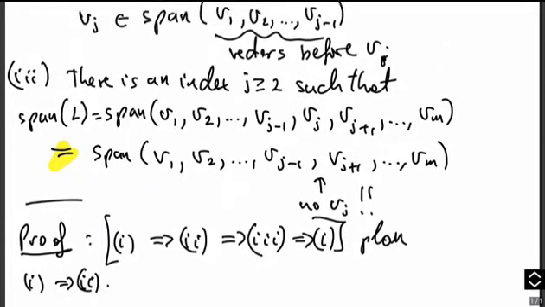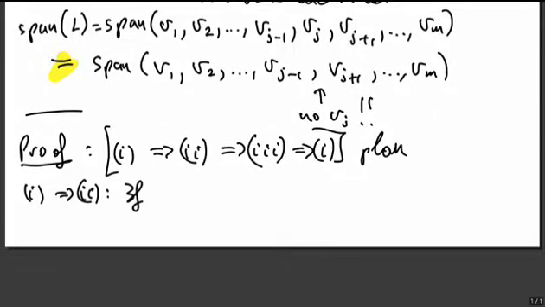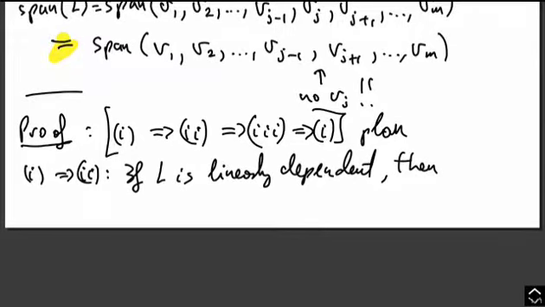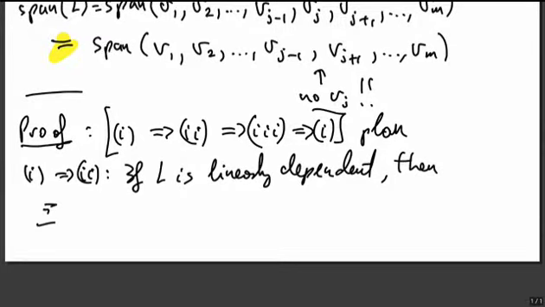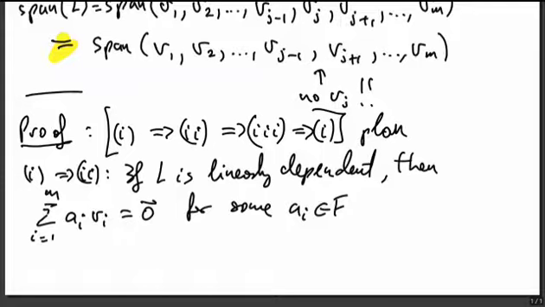First we prove 1 implies 2. So we start by saying that L is linearly dependent. If L is linearly dependent, then by definition the sum, as i goes from 1 to m, ai vi equals the 0 vector for some ai in the field with at least one non-zero a.